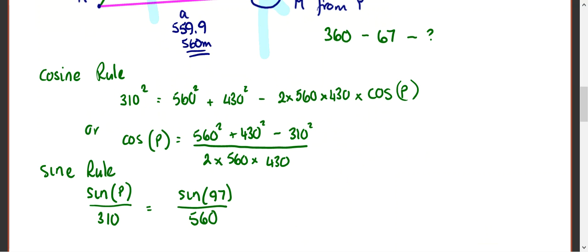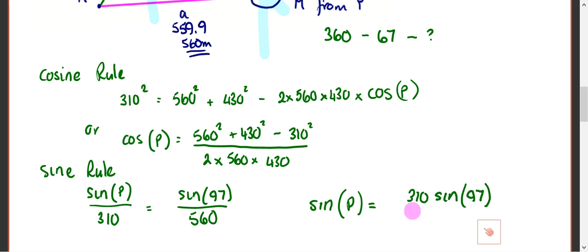So, I've got cosine rule written and sine rule written. Without working it out, can you confirm that you have the same things? So this one will then leave us with sine of P equals 310 sine 97 divided by 560. Right. And if you do both of those, back row, cosine rule, what did you work out?